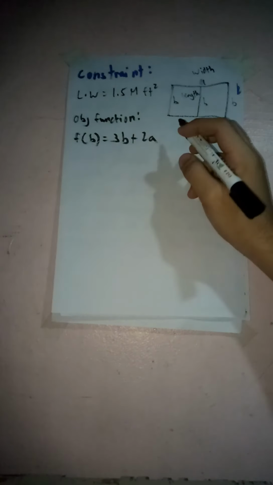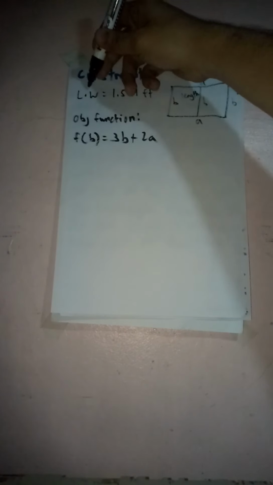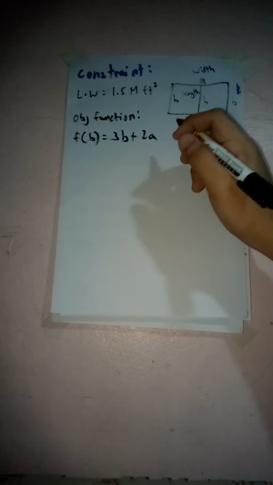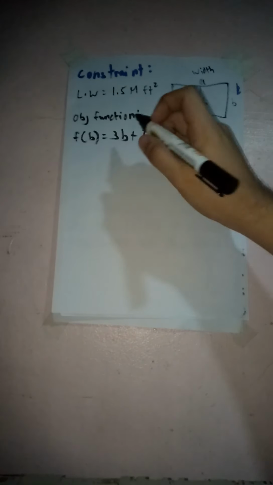So next we are going to derive this function and we will get the b first. So we are getting the derived formula of this from here. So LW, so we are going to get the A first, the width.